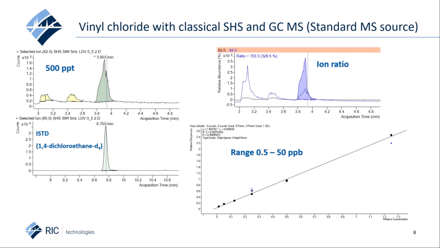When applying standard headspace injection to determine vinyl chloride, a very volatile compound eluting here at 3.9 minutes on a typical VOC column, we clearly encounter band broadening resulting in a distorted peak.